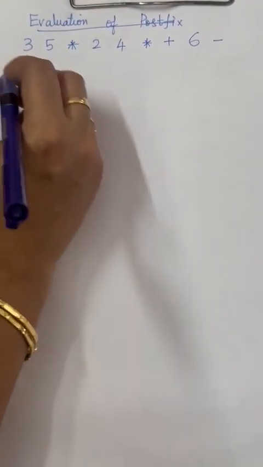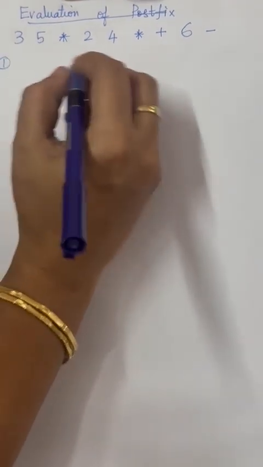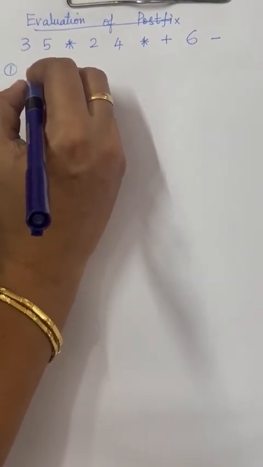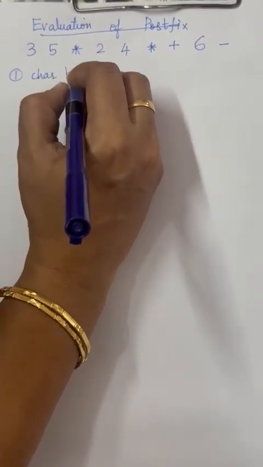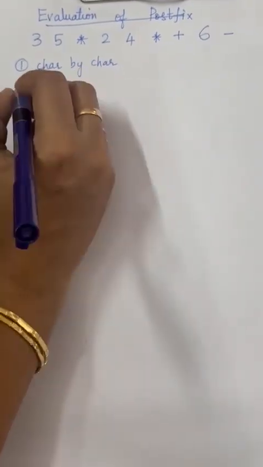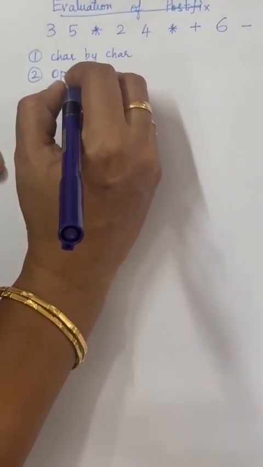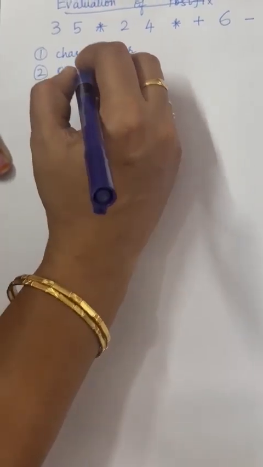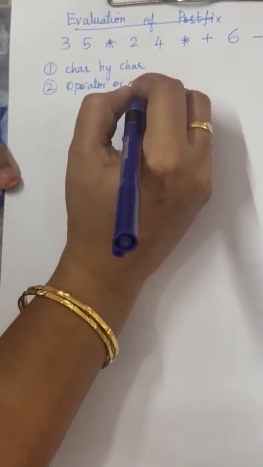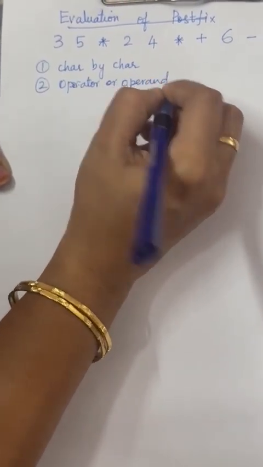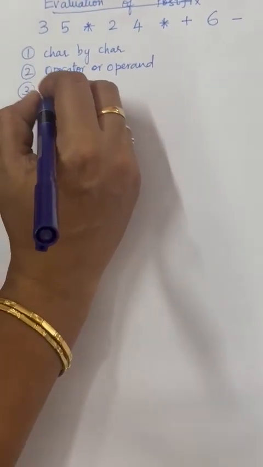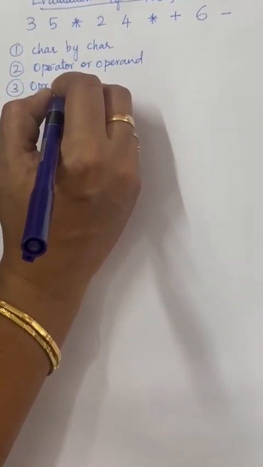So the steps are: the first step is you have to read the expression character by character. The second step is you have to check whether it is an operator or an operand. If it is an operand, then you have to push it into the stack.